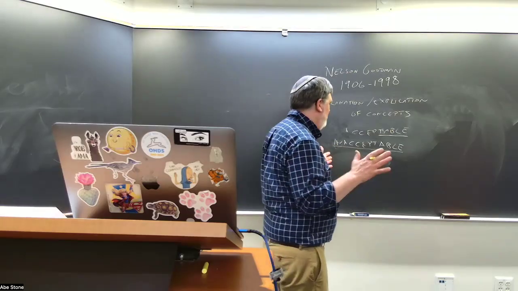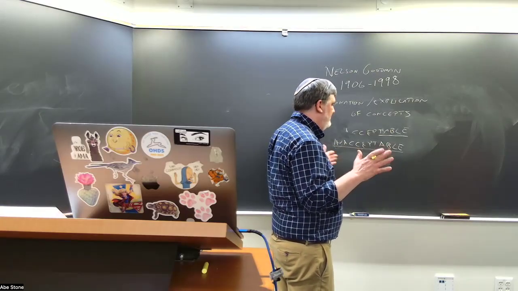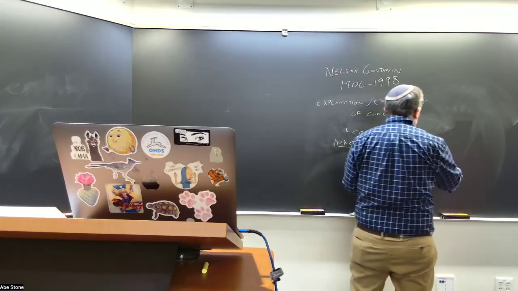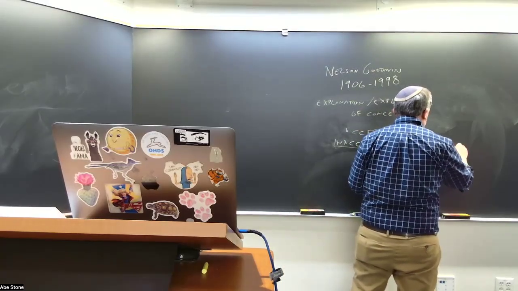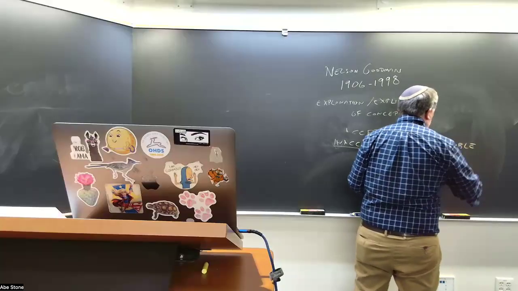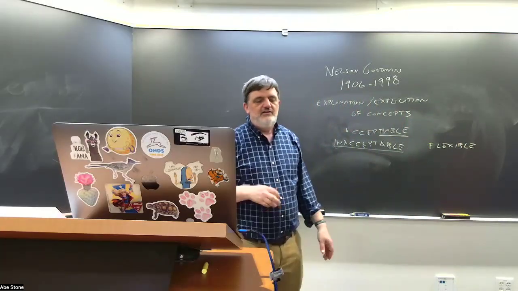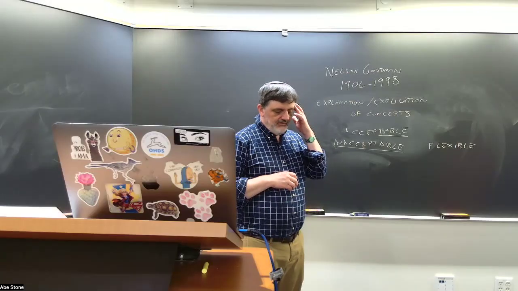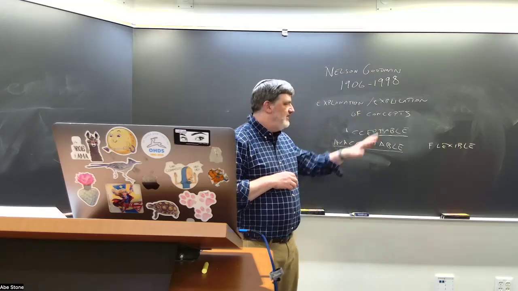I mean, maybe they can be corrected a little bit here and there, but basically, for example, if our unacceptable predicate is flexible, we haven't said yet what makes this unacceptable. I'll talk about that in a second.